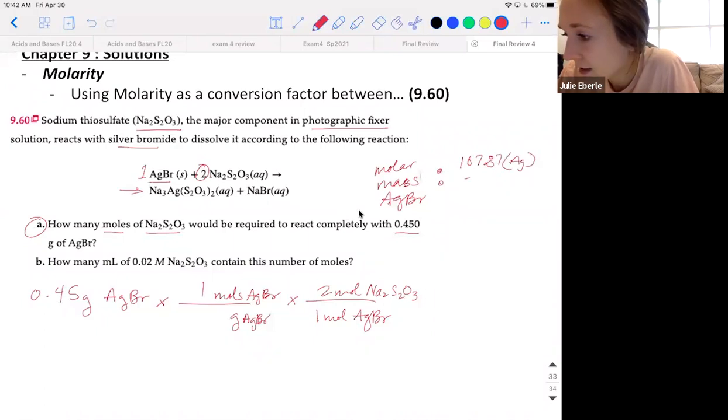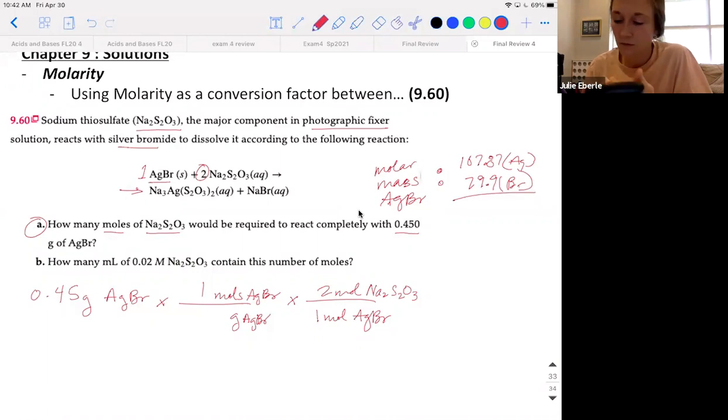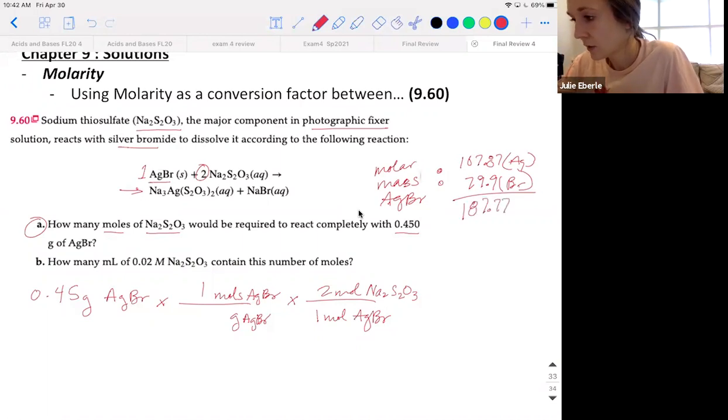Br is 79.9. So we just add this up, and it'd be 187.77 grams per mole. And that number is what I plug in right down here, 187.77.